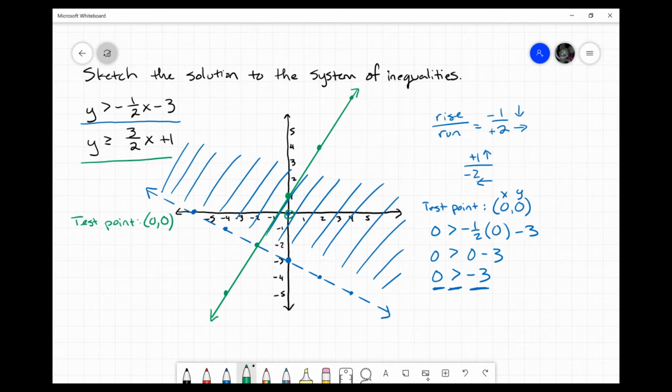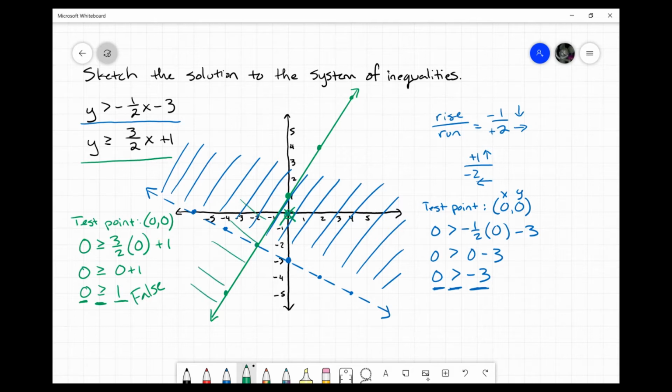So 0 is greater than or equal to 3/2 times 0 plus 1. 0 is greater than or equal to 0 plus 1, and so we are determining, is 0 bigger than 1? No. Is 0 equal to 1? No. This is false, which means the inequality will not be shaded down there to the right side. Instead, it's going to go above.